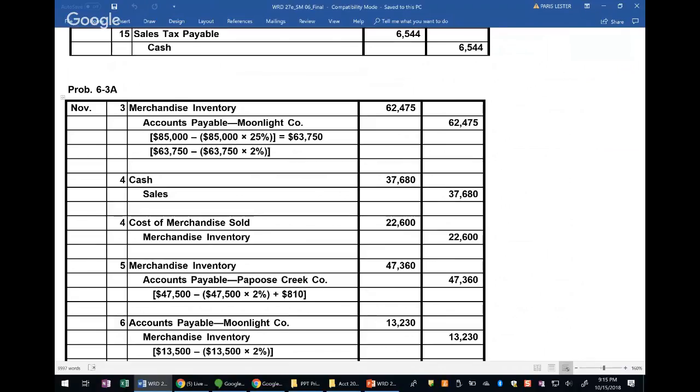It was Moonlight Company, and we have to return that net. We had to take out the 2% of the 13.5. So we got rid of some accounts payable, and we got rid of merchandise inventory, 13,230. That's the side of the sheet right here.